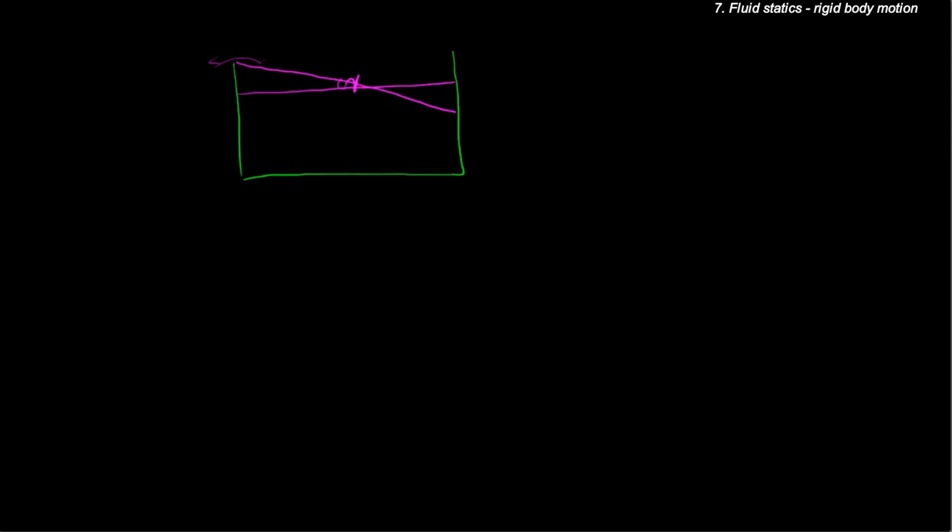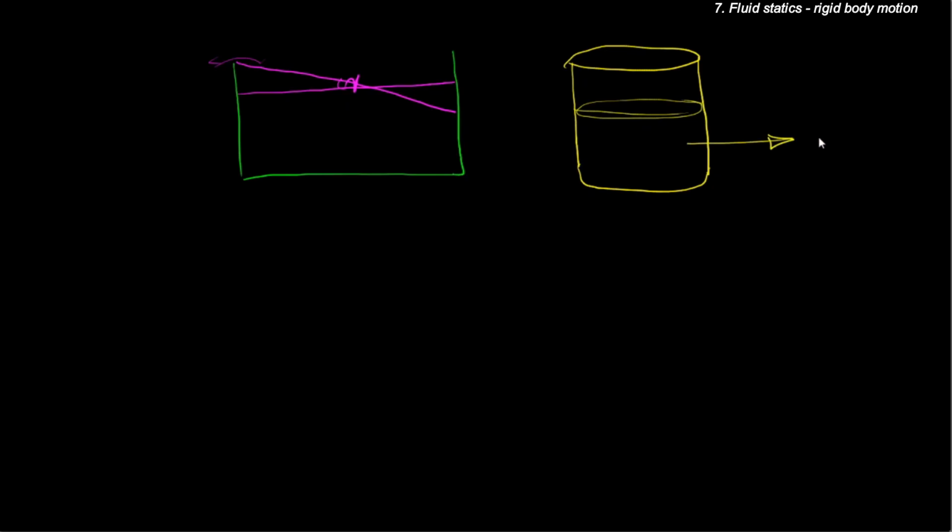But this entire analysis is equally valid for objects of any size. So we can take a cup. If the cup is filled with water like this, and we suddenly accelerate this beaker or cup of water in the x direction, the interface will again climb.